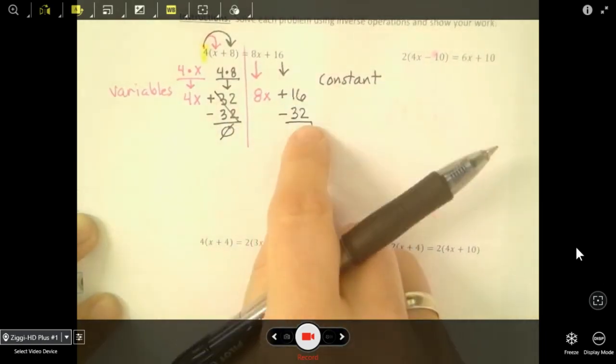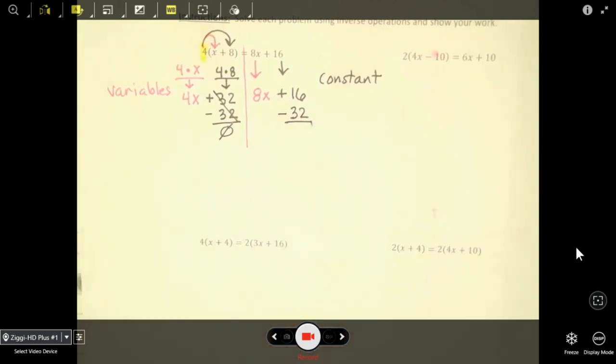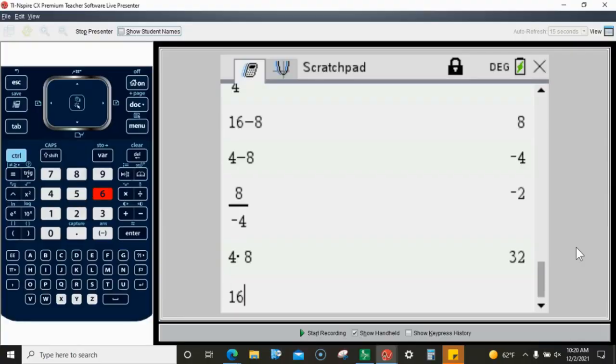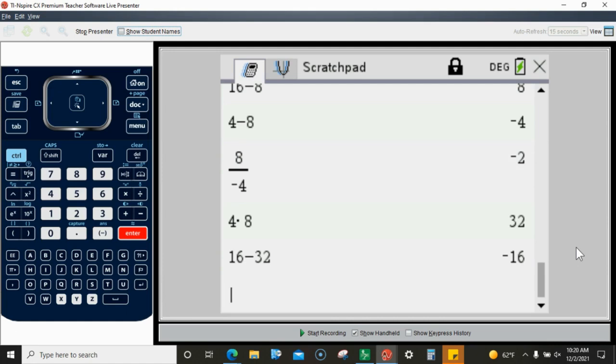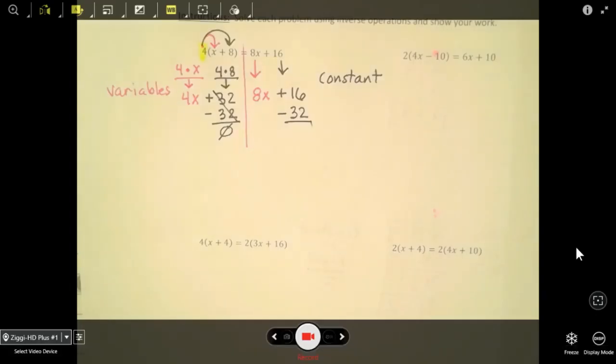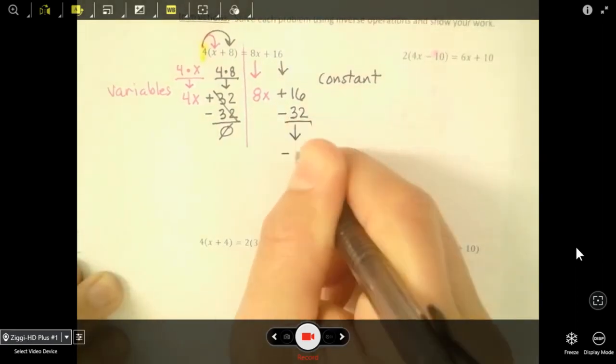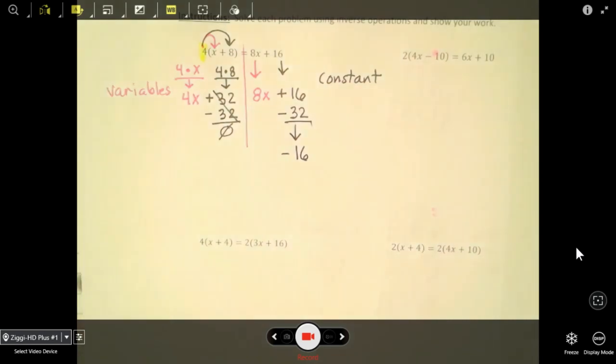Then I have 16 minus 32. Now I don't know what that is, so I'm going to go to my calculator to use it. And notice I have negative 16. So I'm going to bring this down a little bit, negative 16.